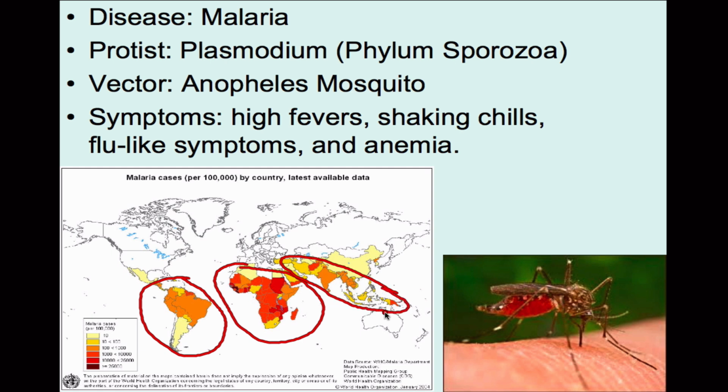And there are thousands and thousands of malaria cases every year. People who are going to visit these countries, they generally will start taking a medicine about 2 or 3 weeks before they go, and that medicine builds up in their system and keeps them from getting malaria. So it's not exactly a vaccine, but it's very similar to a vaccine.